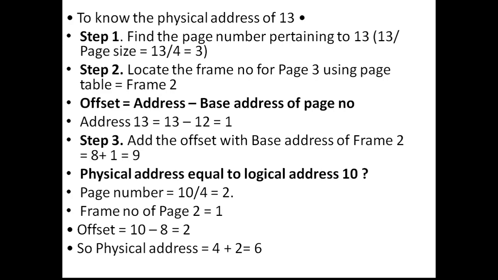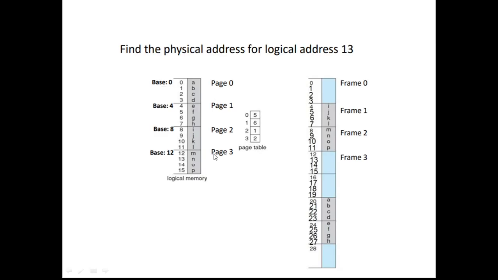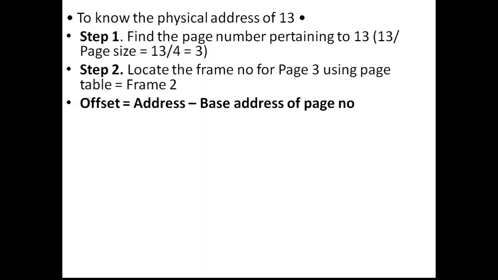Similarly, how to split the physical address bits into bits for frame number and bits for offset. And also, given a decimal address and the representation of logical memory and physical memory along with the page table, how to convert the logical address into a physical address. We discussed all this in this video lecture.